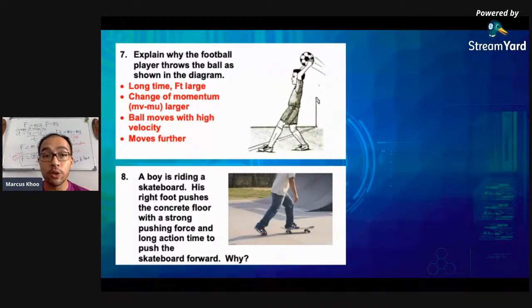If you don't want things to go further, let's say you want things to stay near, then either you don't push so hard or you don't push so long. Because the longer time you spend, there's going to be a bigger change in momentum. And that's this part about impulse.